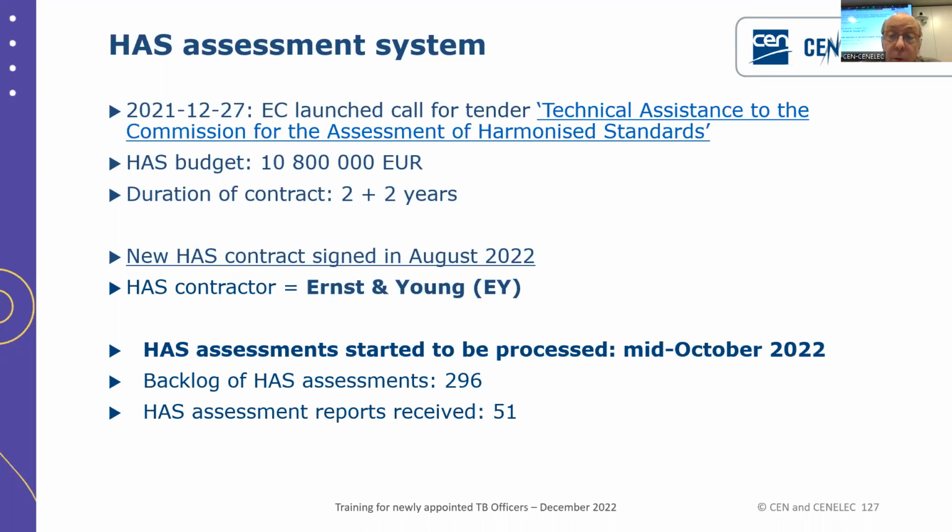And now, since mid-October, when the system was relaunched, there have been so far 51 reports received. So there is still a backlog, and of course, new standards coming, because since October, we are developing and submitting new requests.